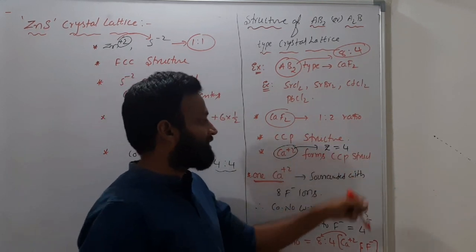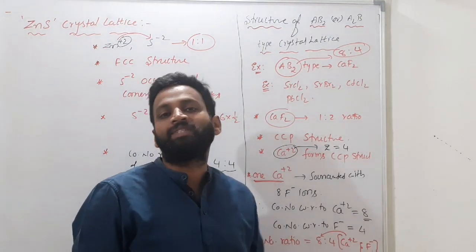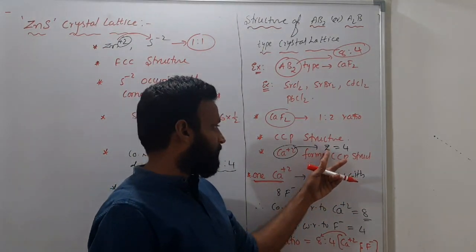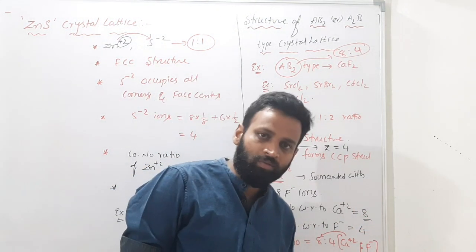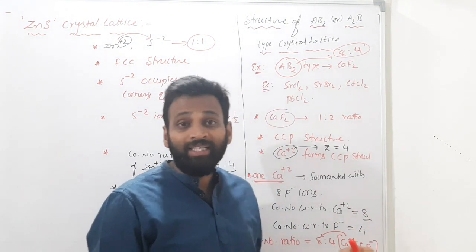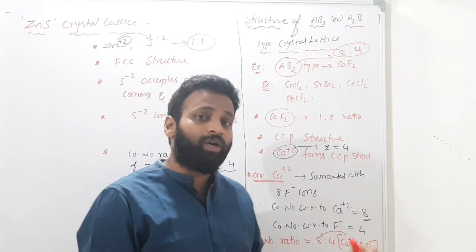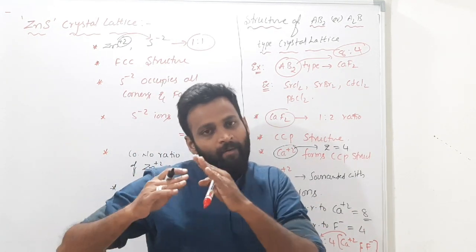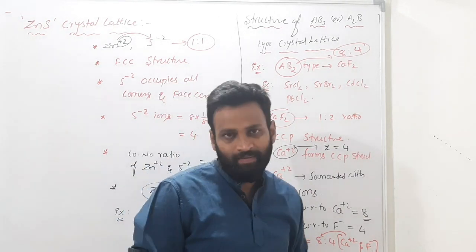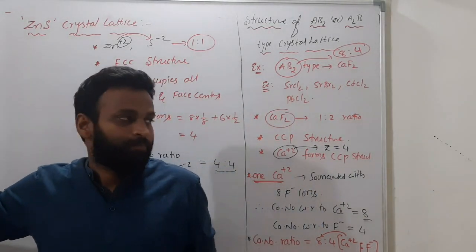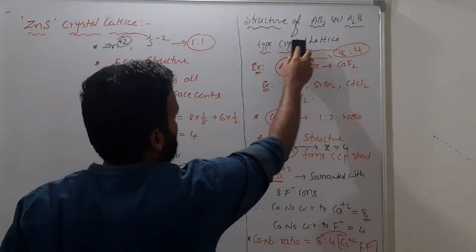Calcium 2 plus forms CCP, like FCC. Effective number of atoms is 4. One calcium 2 plus is surrounded by 2 F minus. So coordination number with respect to Ca2 plus is 8. Was that clear?